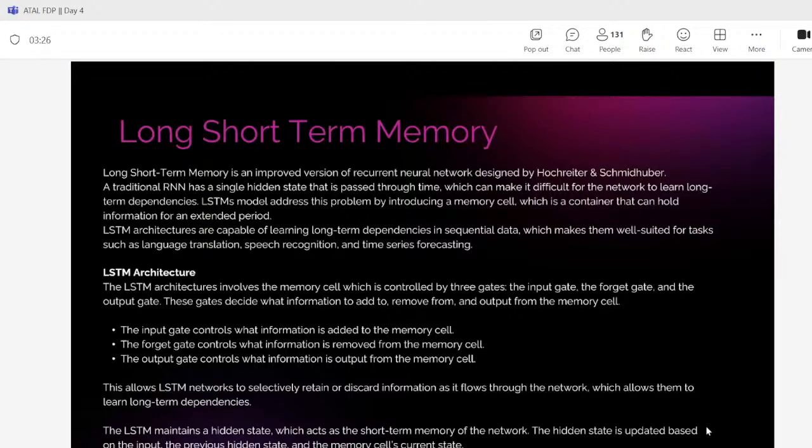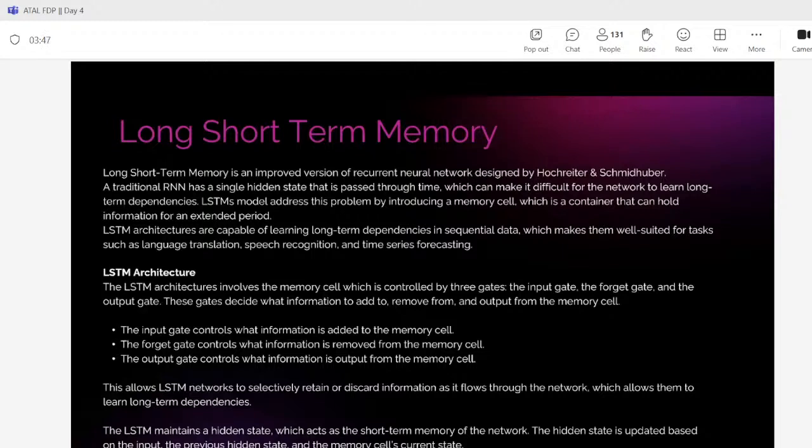And when we get into the LSTM architecture, it involves the memory cell, which is controlled by three gates: the input gate, the forget gate, and the output gate. These gates decide what information to add, what information to remove, and what outputs come from the memory cell.